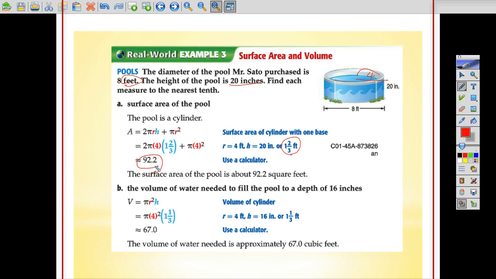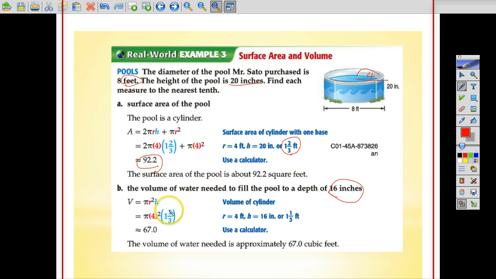Okay. Now for the volume part, pi r squared h. Again, r is 4, and the height is 1 and 1/3. Okay. So you have the volume of water needed to fill the pool to a depth of 16 inches. Okay, so it's 16 inches, not 20 inches.